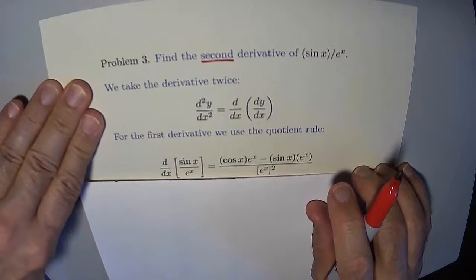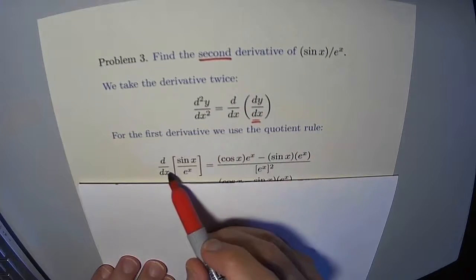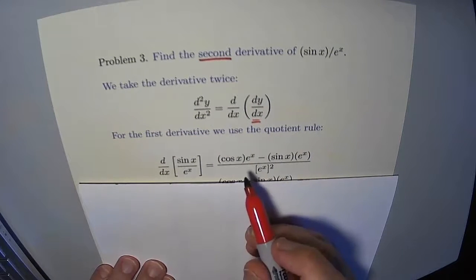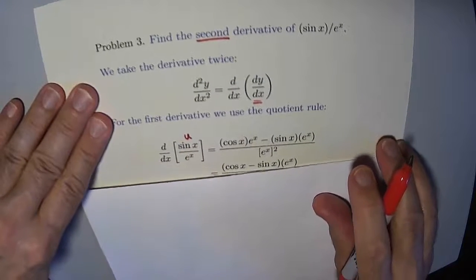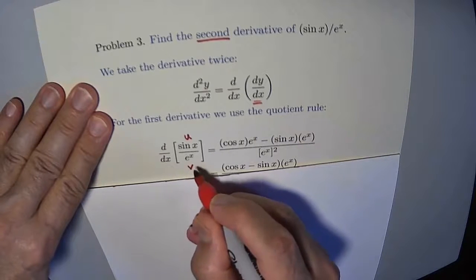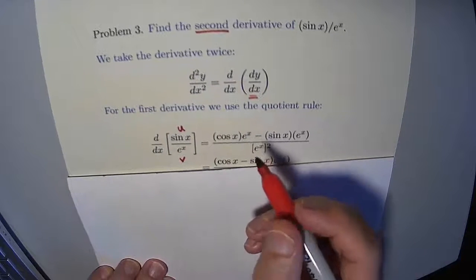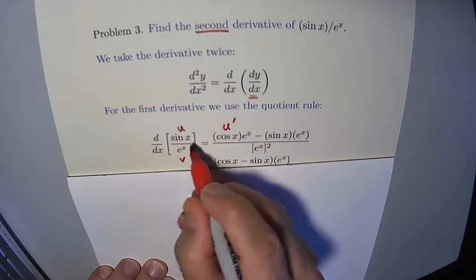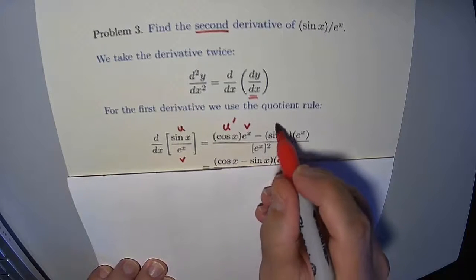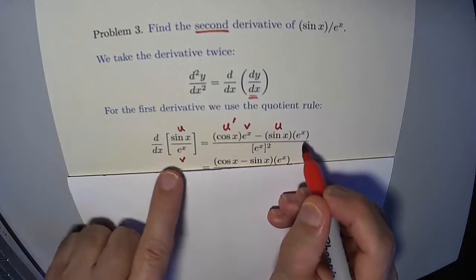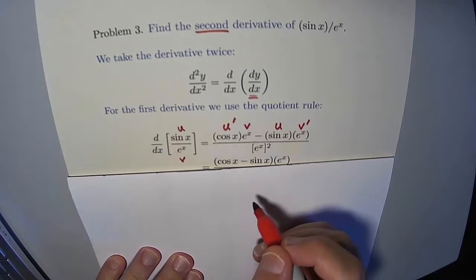Let's use the quotient rule to get the first derivative, dy dx, where we, as usual, call the numerator u, call the denominator v, and go according to the formula. U prime, the derivative of sine, is cosine times v, minus u times the derivative of e to the x, which is e to the x, all of that divided by v squared.